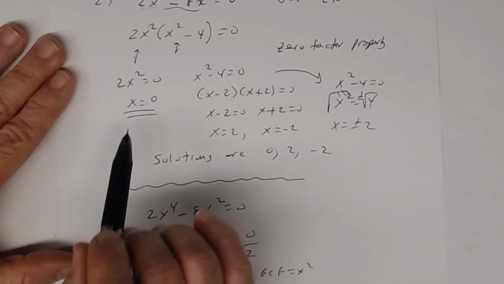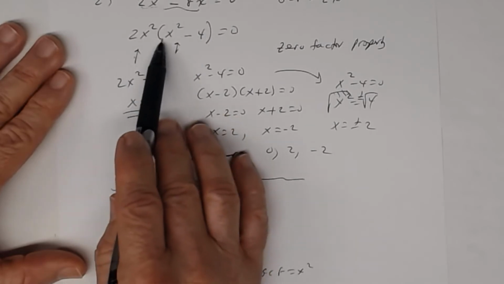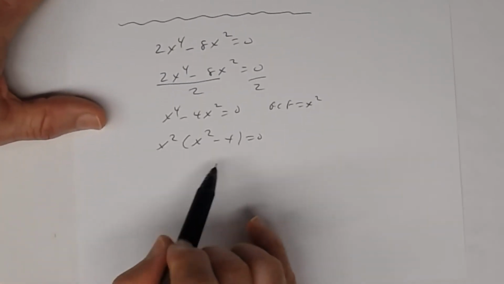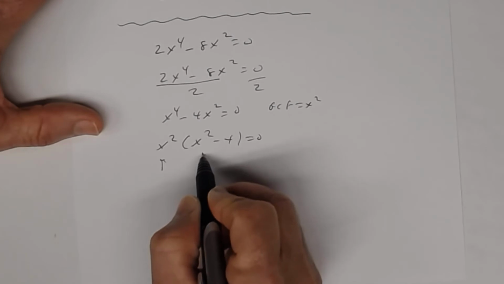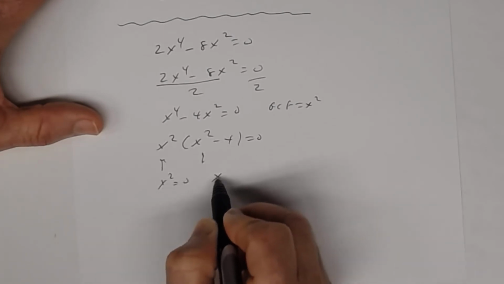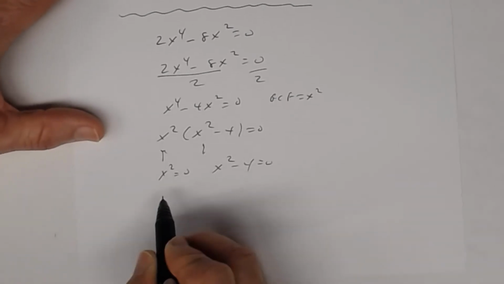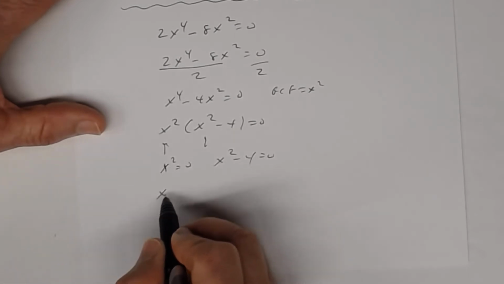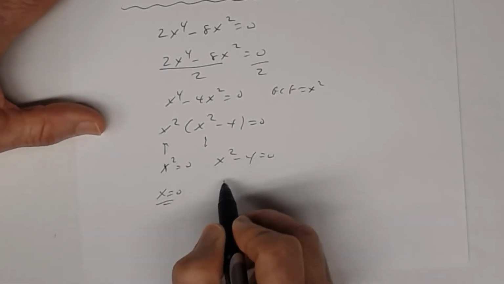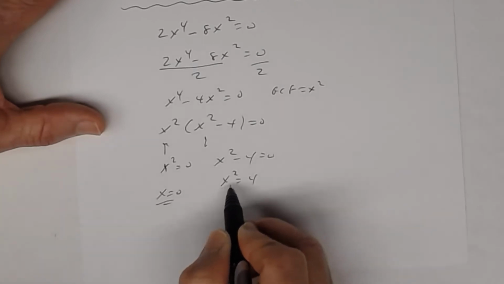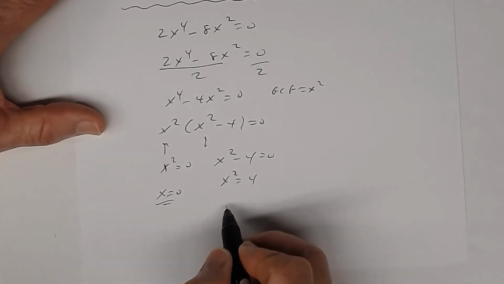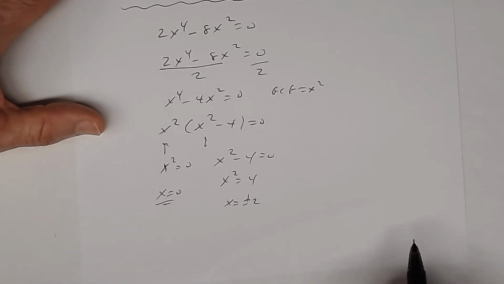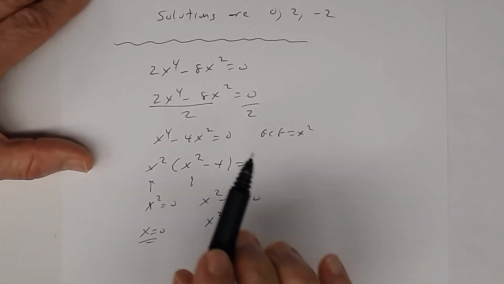Everything else is the same. And then you would do the same thing. You would set each factor equal to 0 like this, and then what number times itself is 0? Well, that's 0. And over here, when you bring the 4 over, what number squared is 4? Well, plus or minus 2. But what gets people into trouble is this.